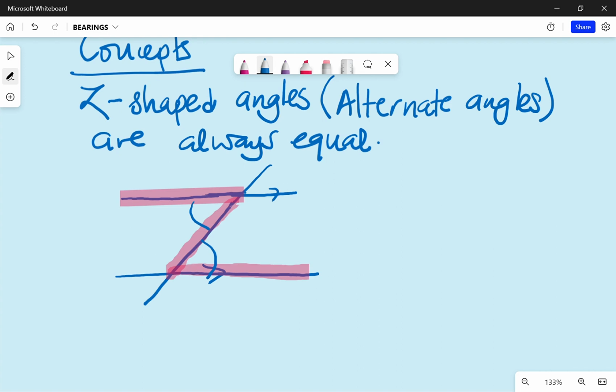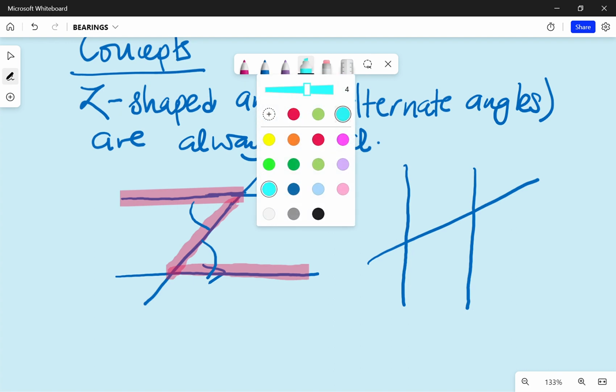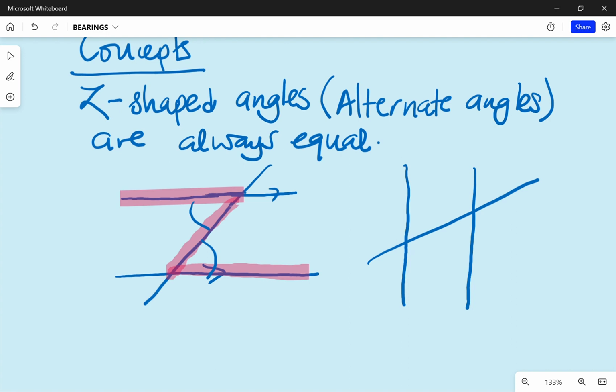Okay, so try to take note of the Z. Sometimes you can be given something like this, a shape like this, a shape like that. So still here there are alternate angles, you can see. So you can see that there is also a Z there.